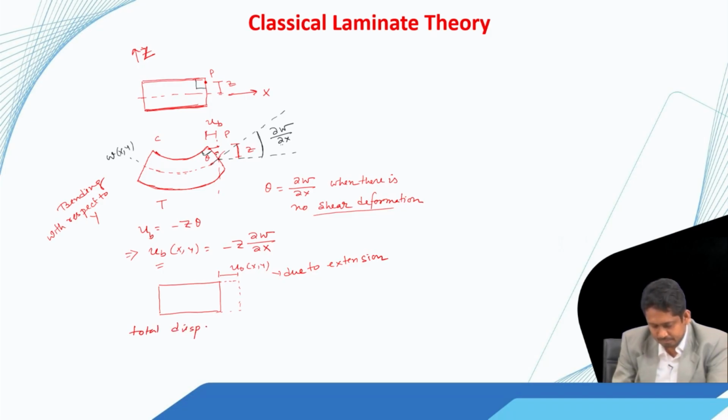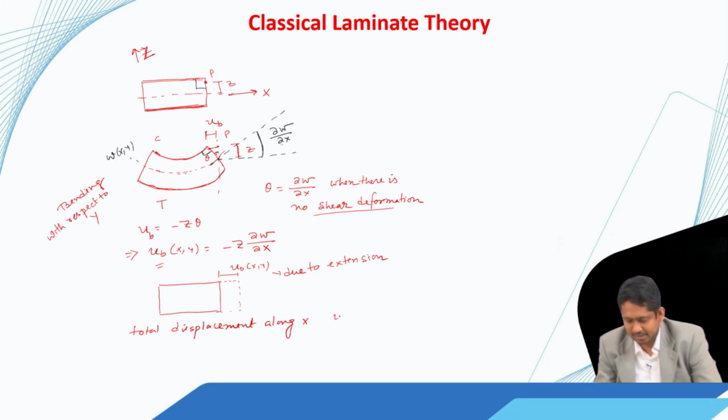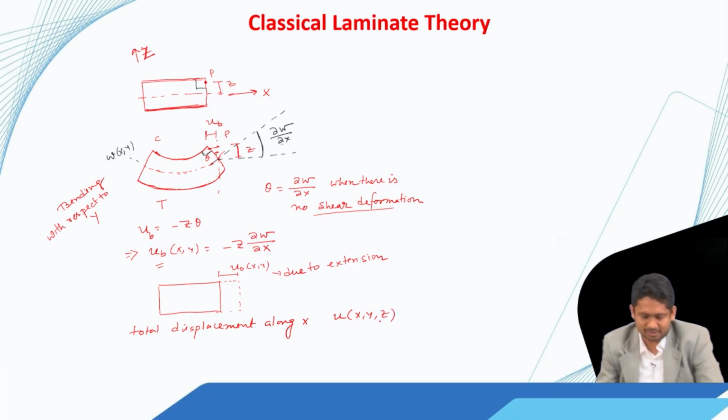So, we can now say that the total displacement along x can be written as u as a function of x, y and z as u b plus u 0.